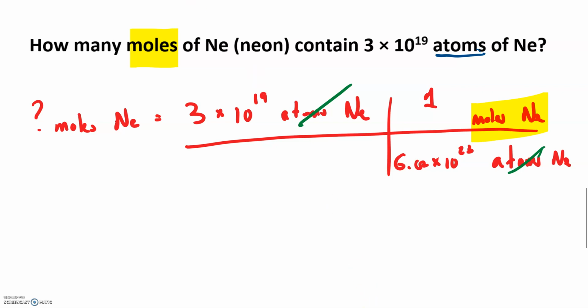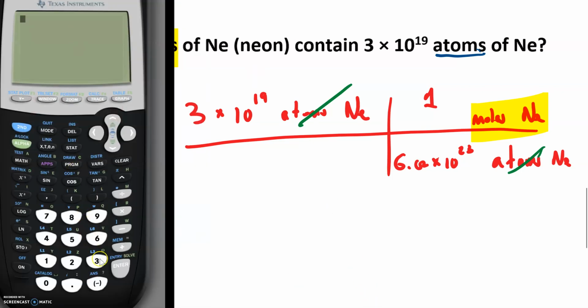Let's bust out our calculator. We're going to say 3 times 10 to the 19th. We're going to multiply this by 1, even though it's not necessary. And then we're going to divide it by 6.02 times 10 to the 23rd. Now, before I hit a button on my calculator, it's a good idea to try to predict what we think our answer is going to be, because that's not a mole's worth.